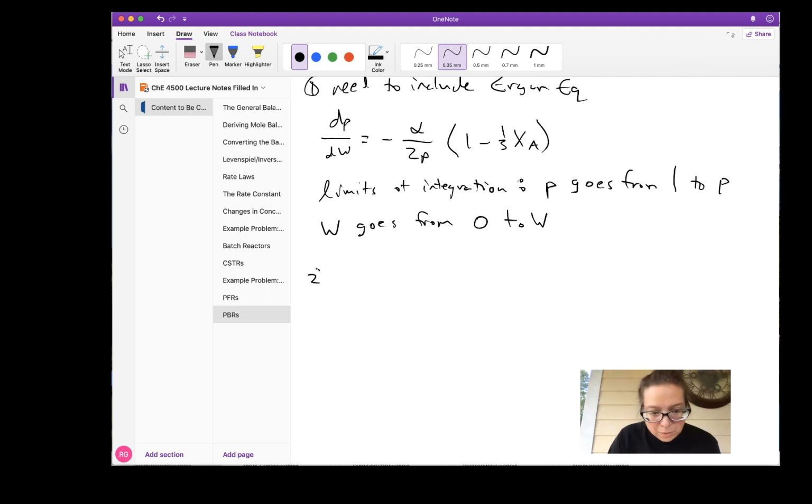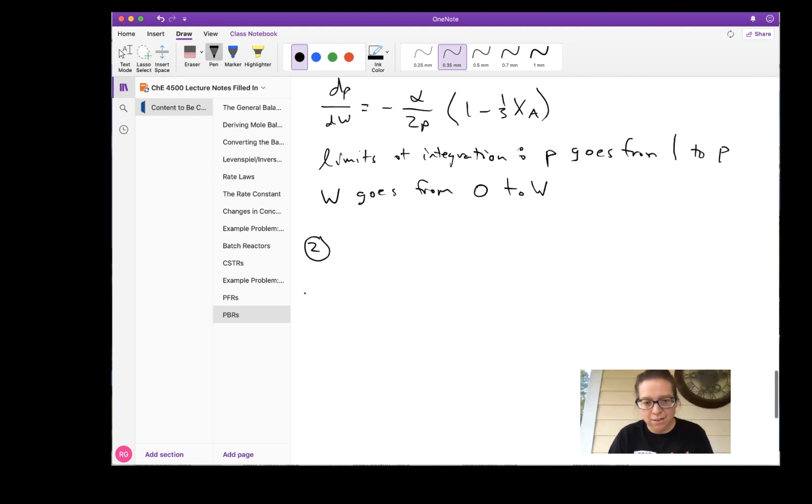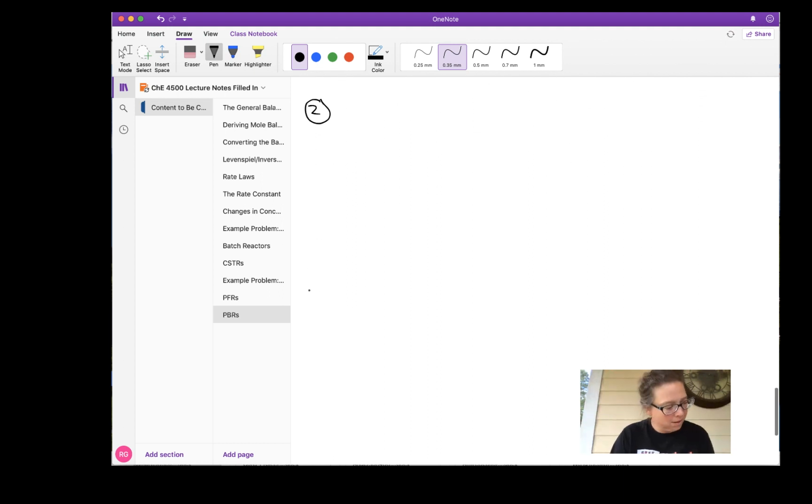What's my other big difference here? It's a little more subtle. It's going to be in the way I write my partial pressures expressions.